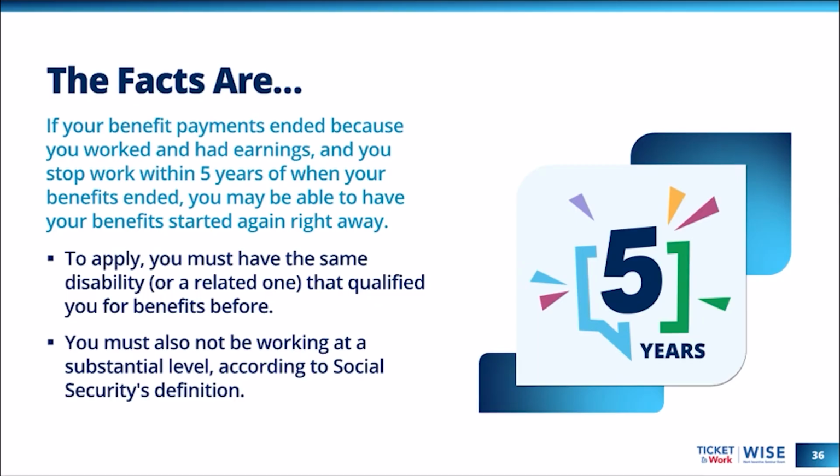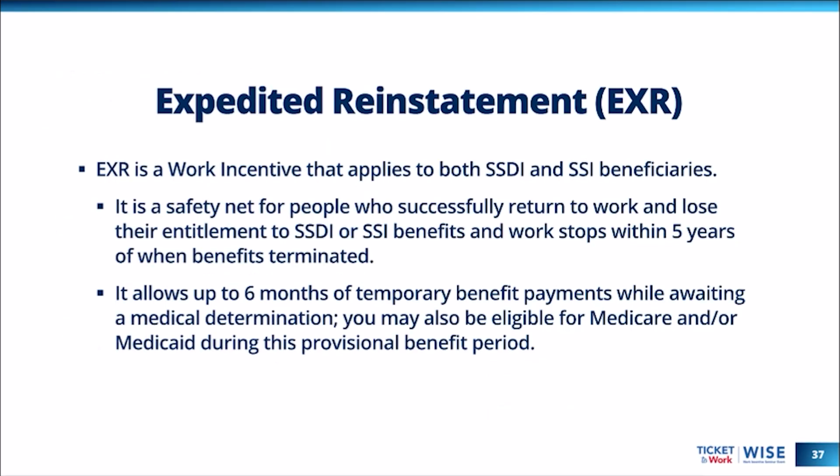I can request expedited reinstatement. Now, depending on the time of the month, you might get a benefit right away. Now we're at the 17th. It's probably a little too late to get one in October, but you'll get one in November. And you'll receive that benefit for 6 months.